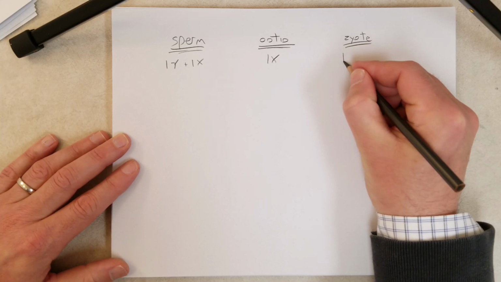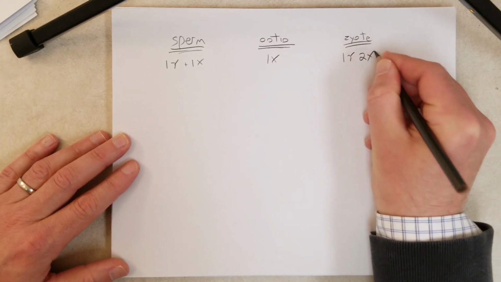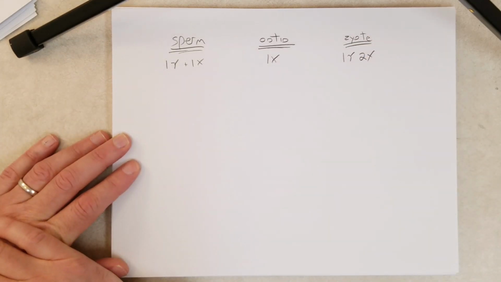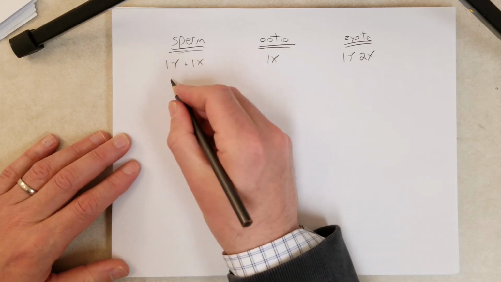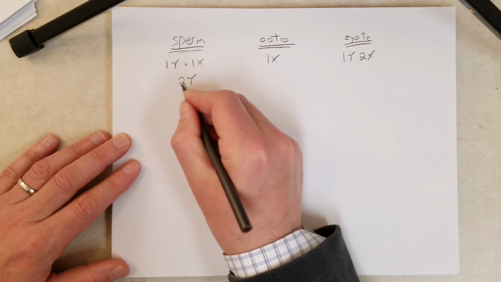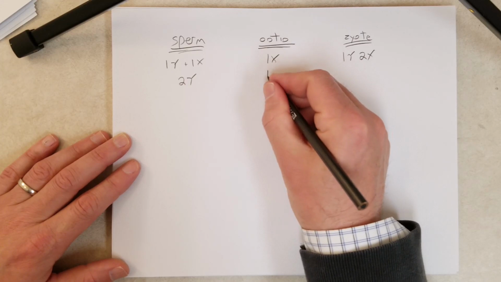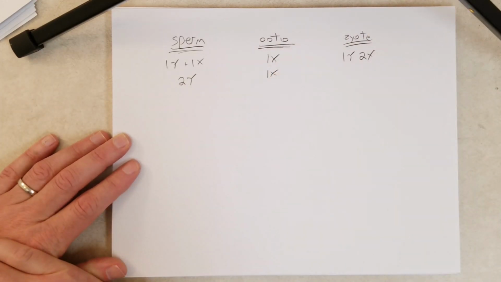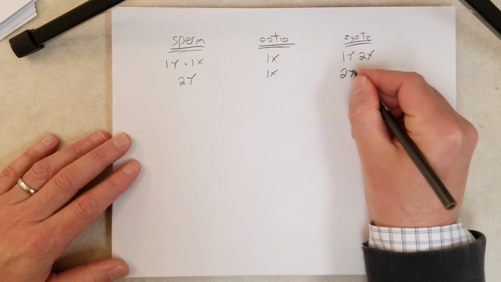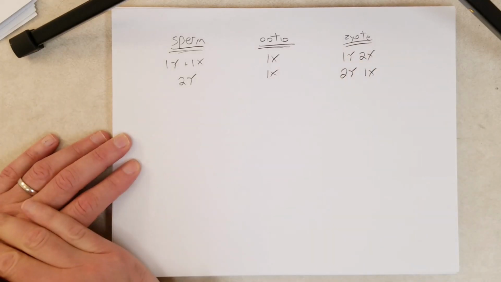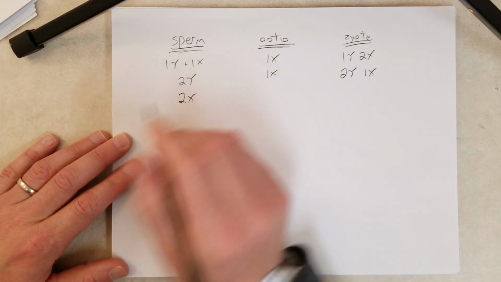Well, the zygote would have one Y and two X's. And this is possible. This happens. We could also have a sperm with two Y chromosomes. And let's say the ootid was also relatively normal, just one X chromosome. Then we could have two Y and one X. How about a sperm with two X's?